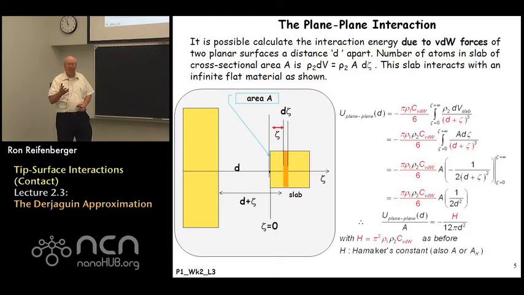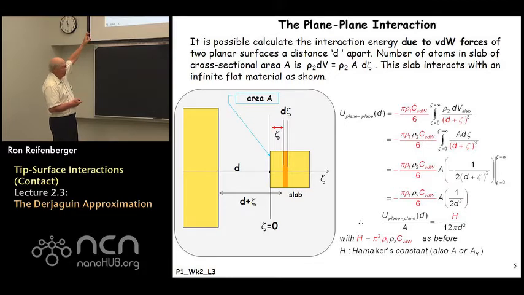We're going to extend that result now to calculate the interaction potential energy due to van der Waals interactions alone between two flat planes that are now separated by a distance d. In order to get an answer for this interaction potential energy, we consider all the atoms or molecules in a slab of thickness d zeta. That slab is located a distance d plus zeta from an infinitely large flat plane.